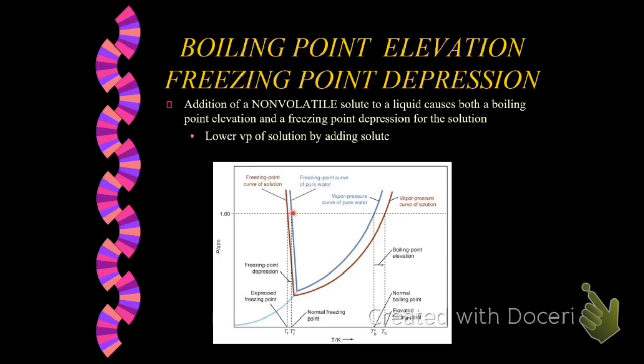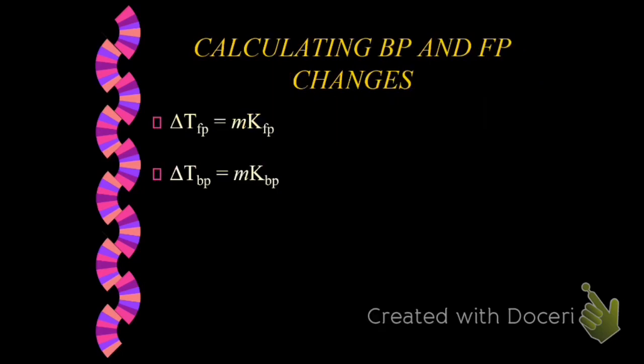As I continue to move across, I now hit the pure solvent curve for boiling points before I hit the boiling point curve for a solution. So that means I'm going to always have boiling points that are higher for solutions. And we use the term boiling point elevation for a solution, freezing point depression for a solution.